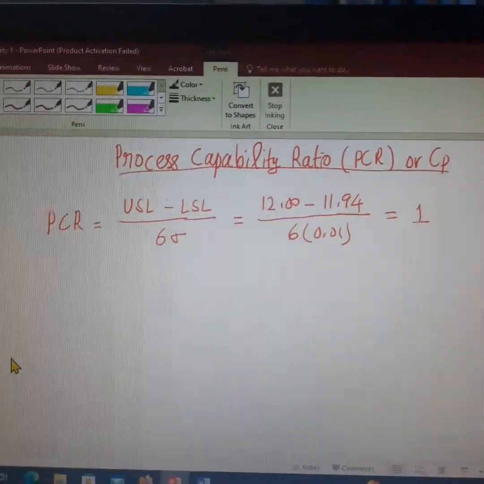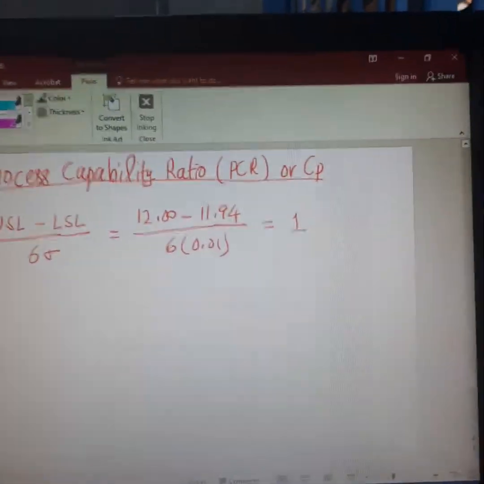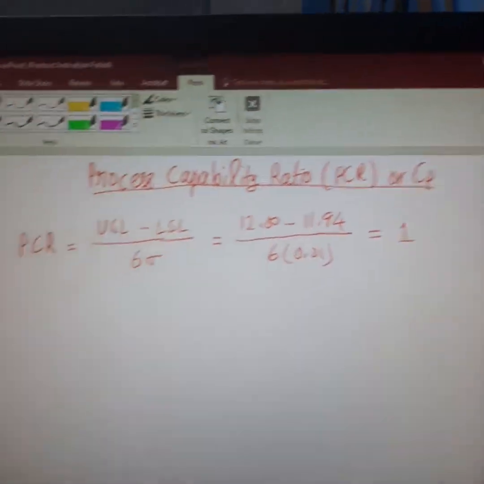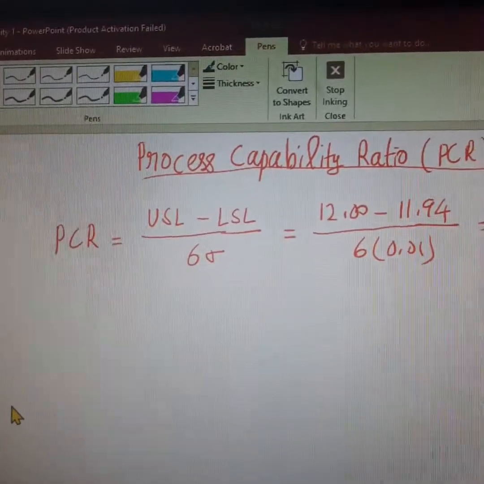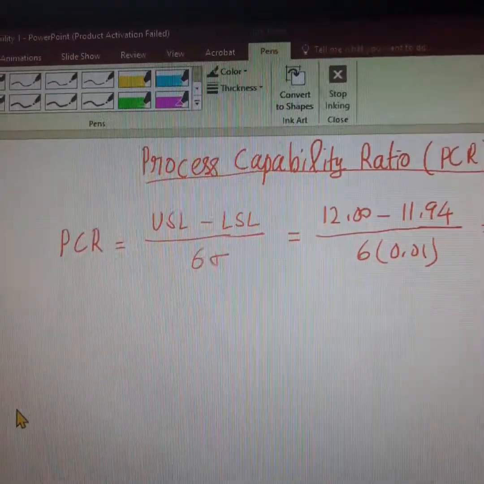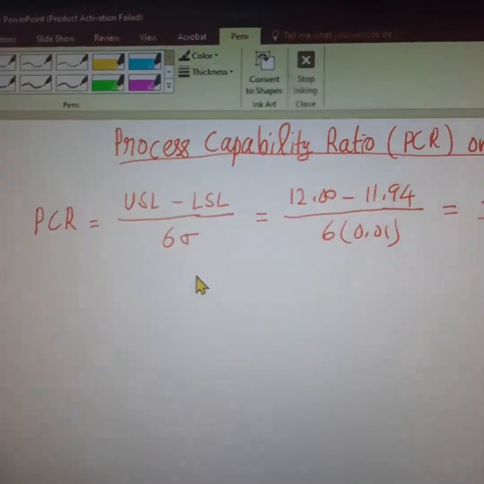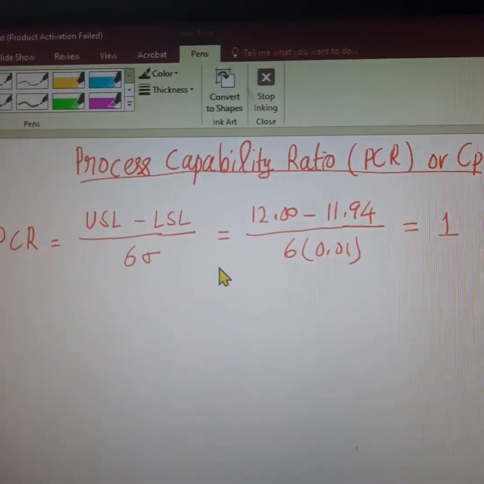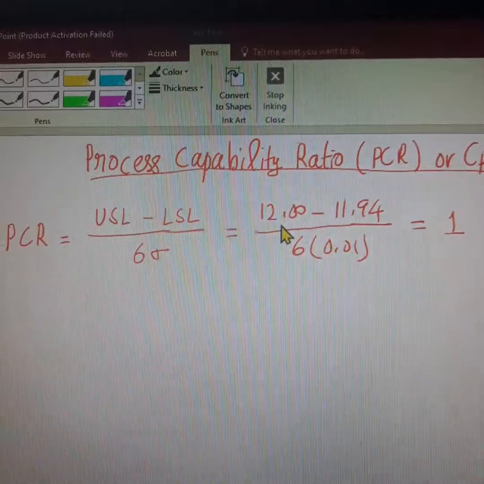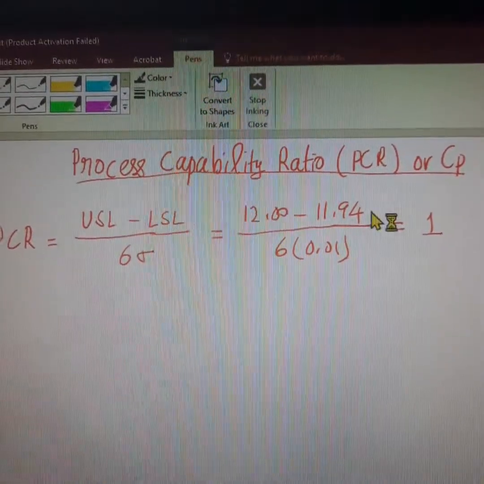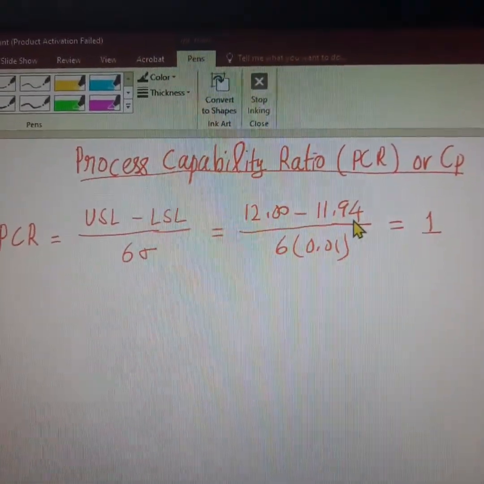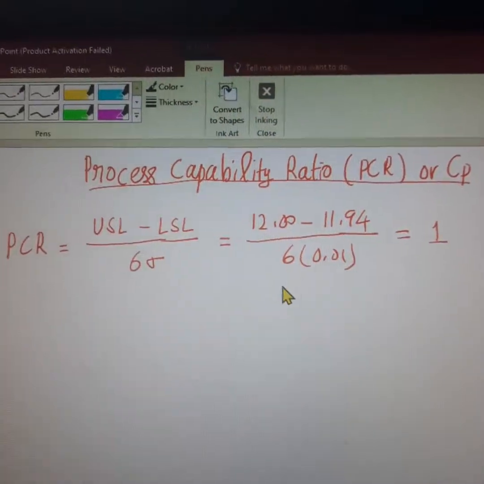The process capability ratio, PCR or Cp, is given by the upper specification limit minus the lower specification limit, divided by 6 sigma. For our example, the upper specification limit of the shaft is 12 and the lower specification limit is 11.94, divided by 6 times sigma.